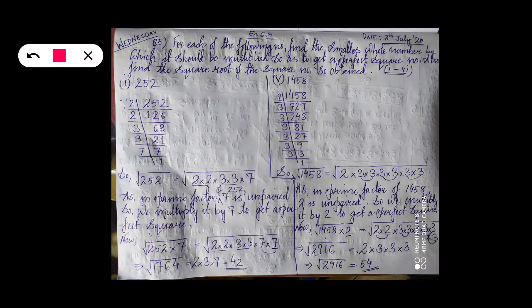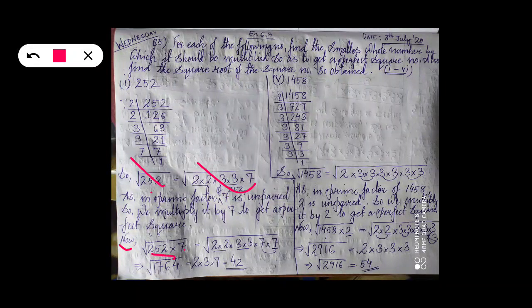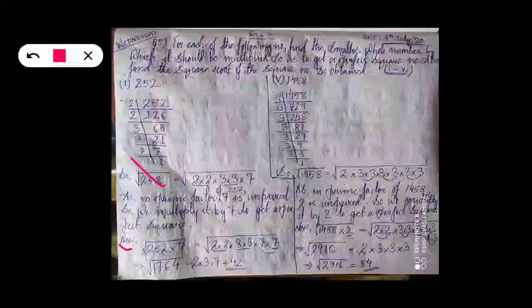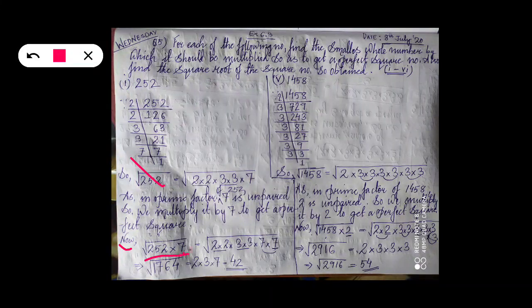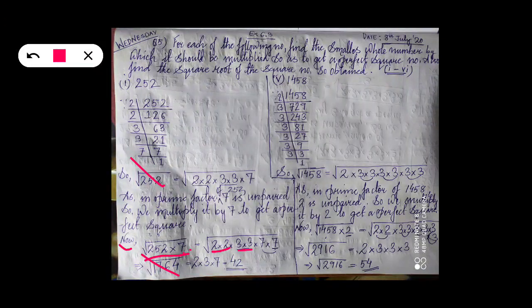Now we'll multiply 7 on both sides. Here in 252 we'll multiply with 7, and this side also we'll multiply with 7. Now everything is in pairs. 252 into 7 will give you 1764. Here 2 is in pair, 3 is in pair, 7 is in pair. Now you'll remove the square root and you'll write 2 3 7.